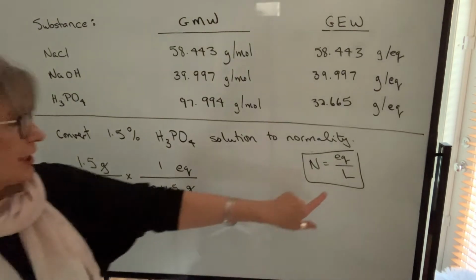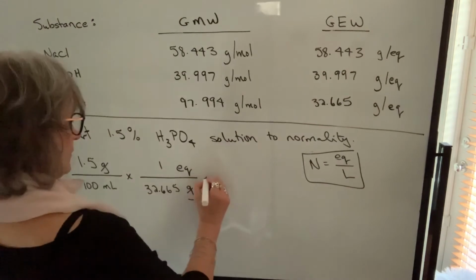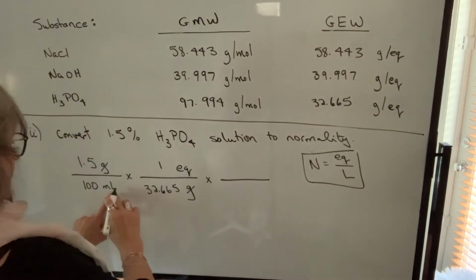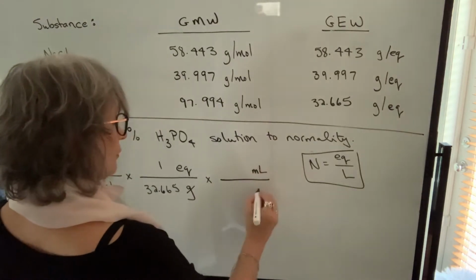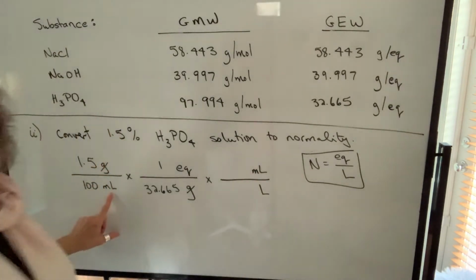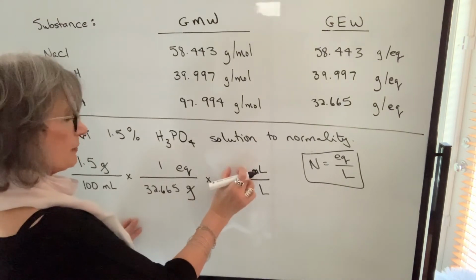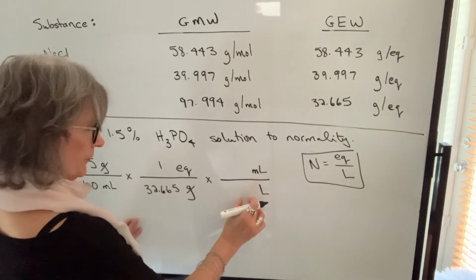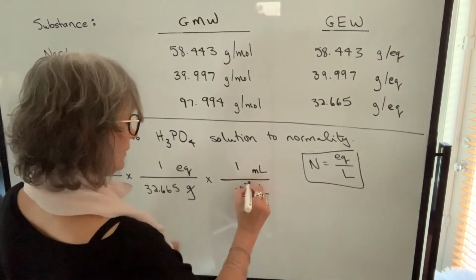We also want to change our denominator to liters instead of milliliters. So if milliliters is in the denominator, to cancel it, we put it in the numerator. We replace it with the unit we want, which is liters. These two have to be equivalent, so you can either go 1,000 milliliters in 1 liter, or you can say 1 milliliter is equal to 10 to the negative 3 liters.